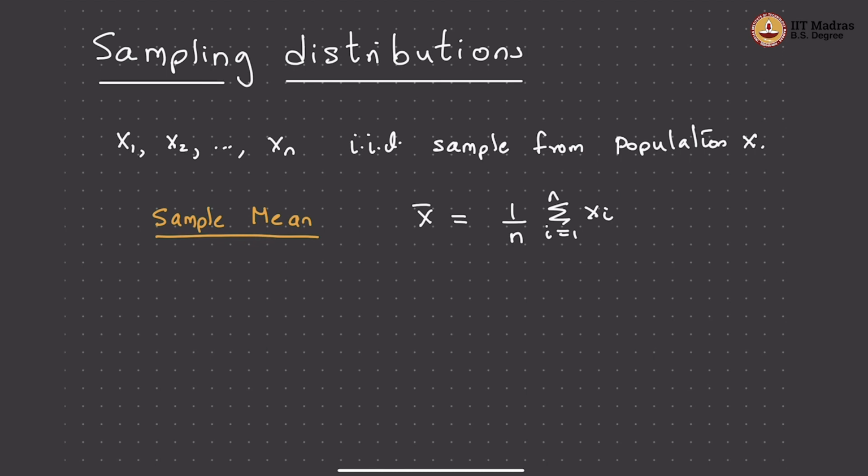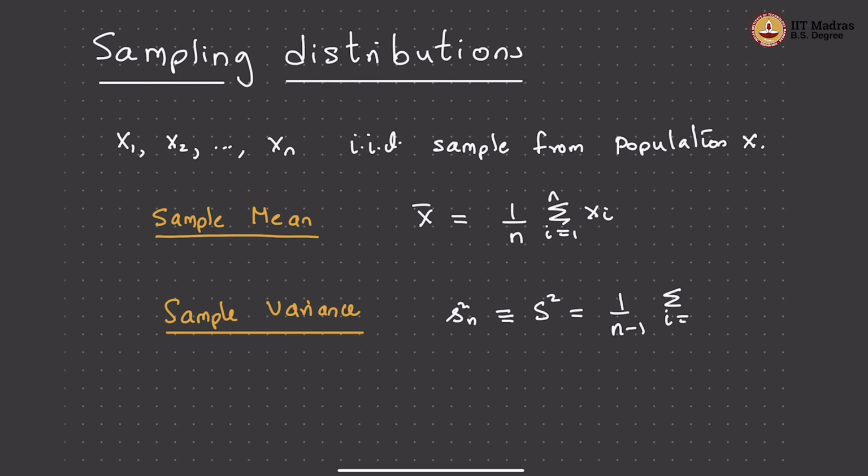The other statistic that one can immediately get from the sample is called the sample variance. We'll call it S squared, or some people call it S squared n, and that's just 1 over n minus 1, the sum from i equal to 1 to n of (xi minus X bar) the whole square.